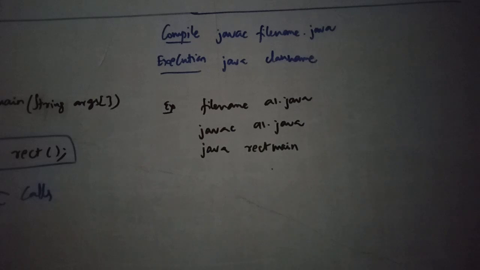So compilation is javac a1.java and execution is java class name. Here the class name is RECTMain. Once any program is compiled, it will be created with the .class file in Java, which we discussed earlier. So this is your first session in classes and objects.